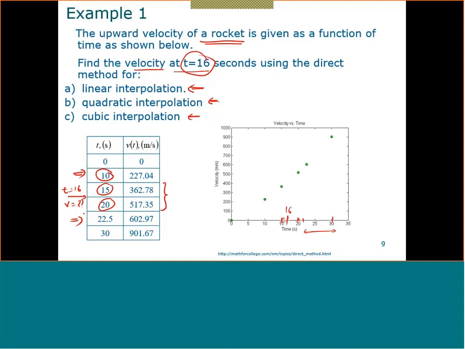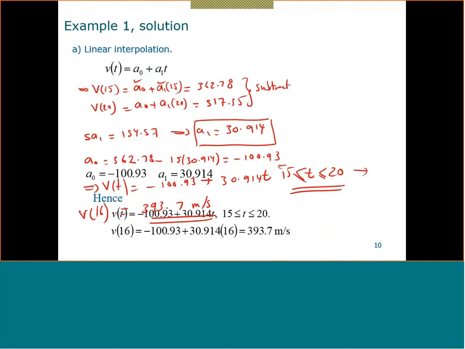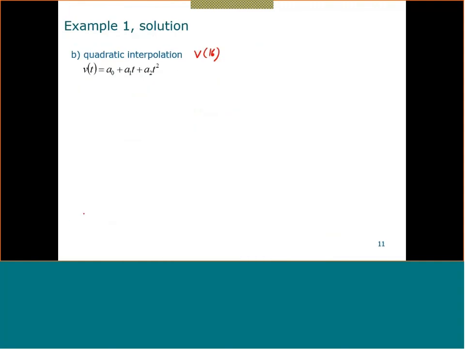So let's come here. Now I will have 3 points. The first one is V at 10, so it's A0 plus A1 times 10 plus A2 times 10 squared, and this is equal to 227.4.